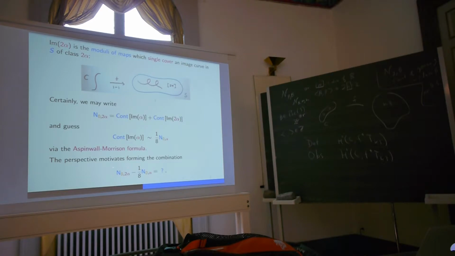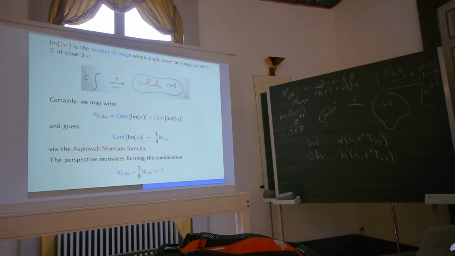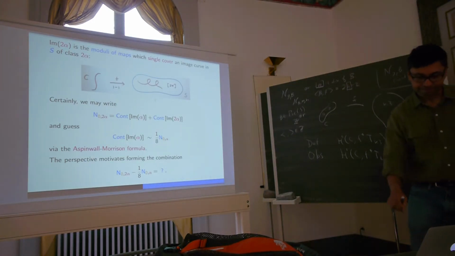If I have this full count, and I know it splits up, and now this one is the dishonest contribution, that should be somehow related to the honest count in class alpha, and then you can ask, what is the relation? As I said, there's reason to believe this 1/8 from other considerations, making the following combination, which is the full count with the dishonest contribution taken away. So this is basically standard motivation. So then the question is, what is this? Question mark.